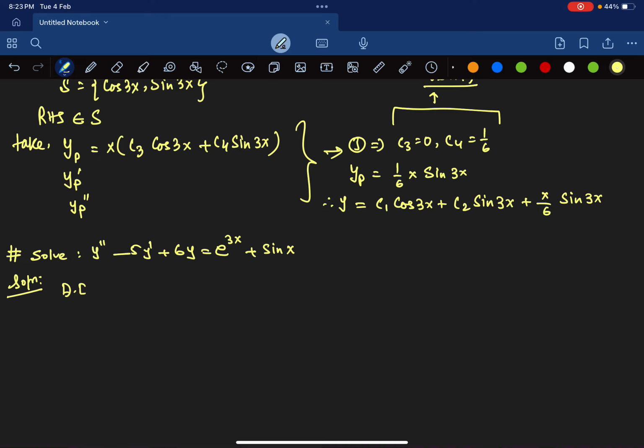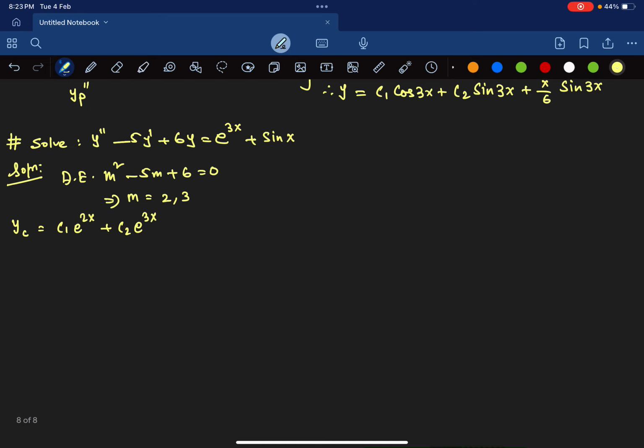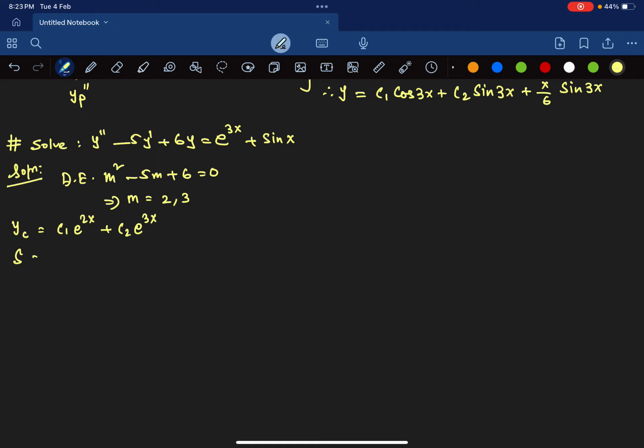First, the auxiliary equation: m square minus 5m plus 6 is equals to 0. From here m is equals to 2 and 3. So yc is given by c1 e power 2x plus c2 e power 3x. Write down the solution set, that is e power 2x and e power 3x.